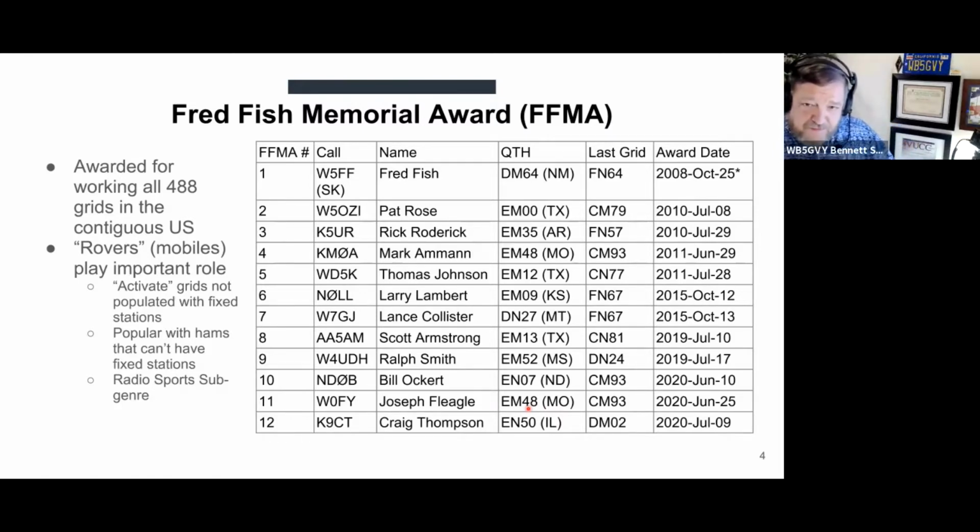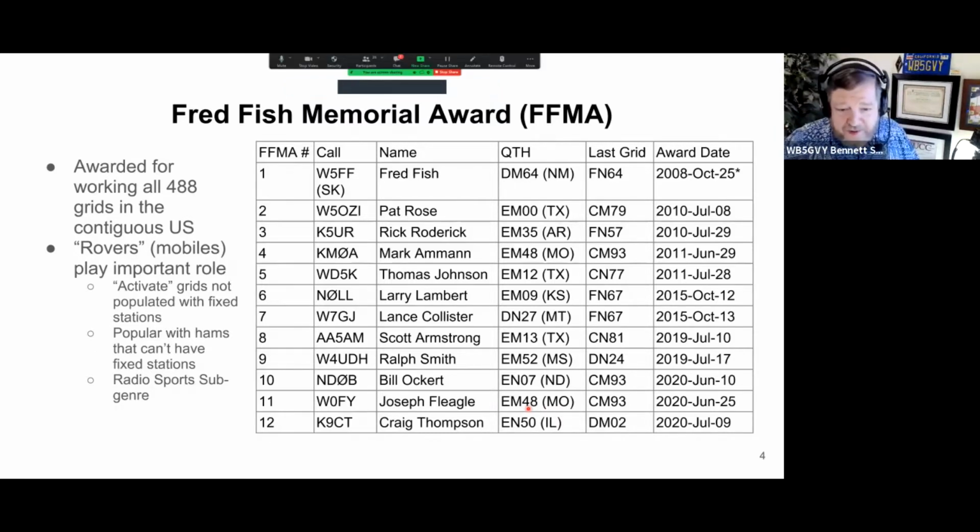If you're tracking those groups, you'll know when these rovers are going to be hitting areas that you haven't worked yet, and you'll make a point of trying to work those rovers. Of course, roving is very popular with hams that can't have normal fixed stations, but it's also popular with people that do. It's its own radio sport subgenre. I have not tried it, but it sounds like a lot of fun.